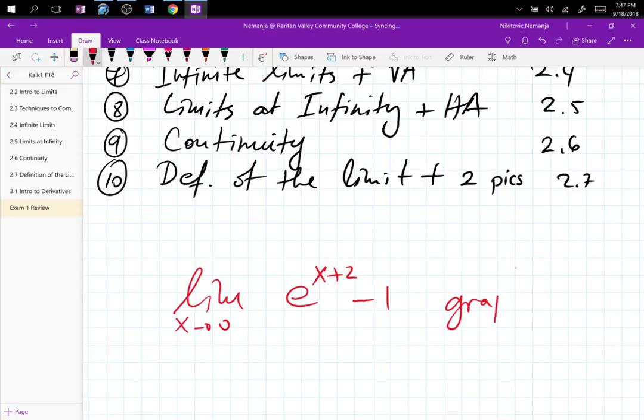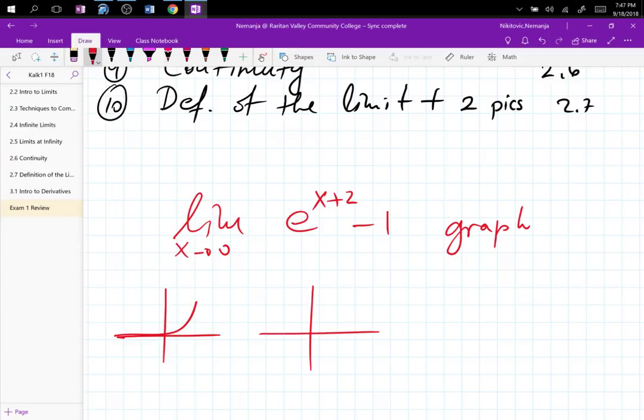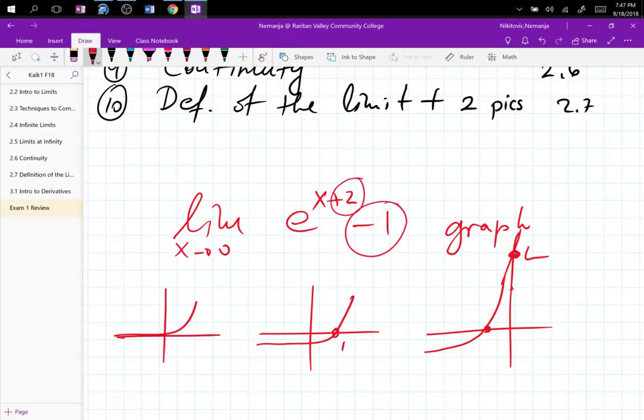Graph. So you say, okay, e to the x goes like that. Minus 1, so now it goes like this. Plus 2 shifts to the left, so it has to go through negative 1, and now I need this at x equals 0. Whatever it cuts, that's where the limit is. This is a shift down, this is a shift to the left, and you utilize those shifts to create the graph.